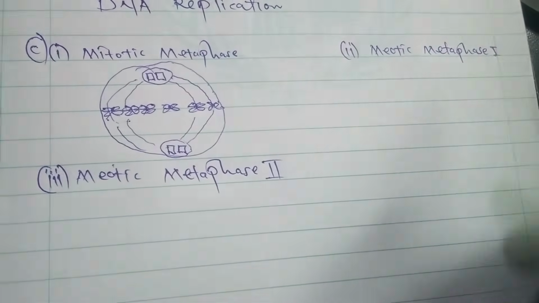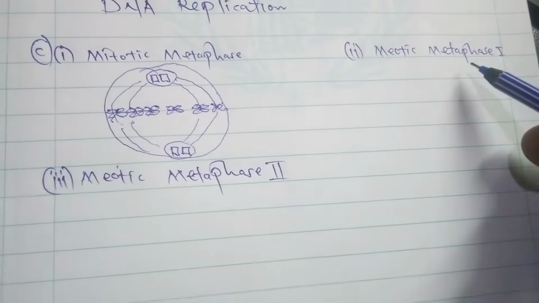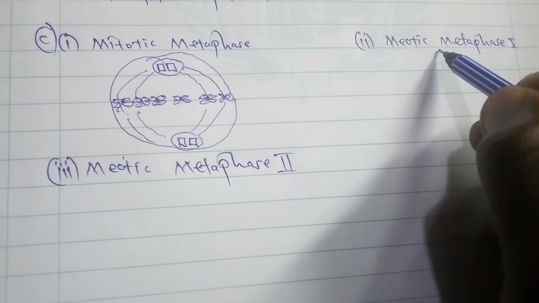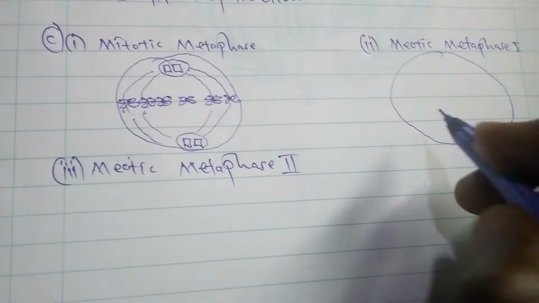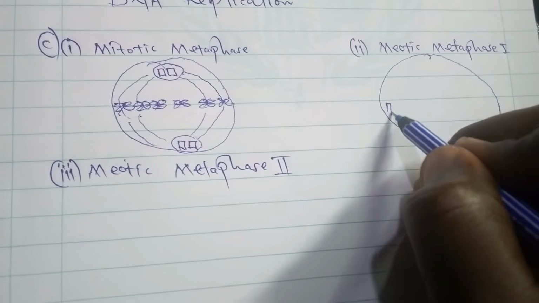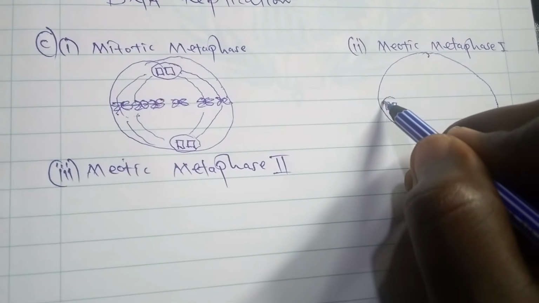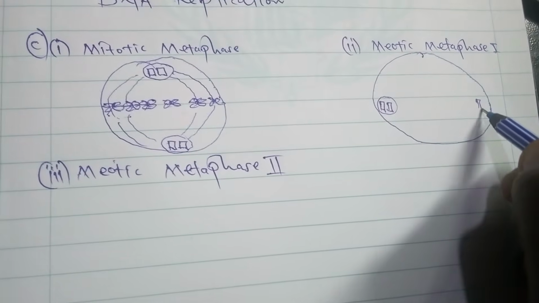And then at metaphase 1, it is now different. It is the homologous chromosomes that are aligned.